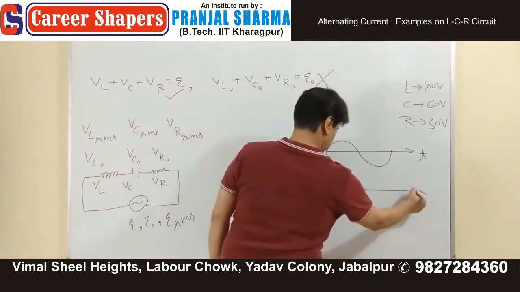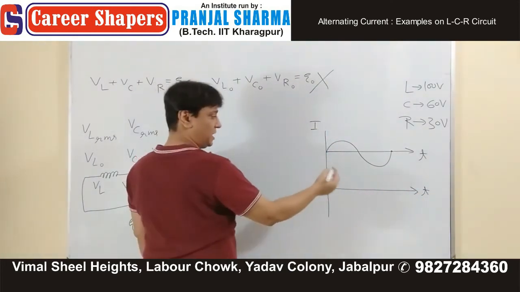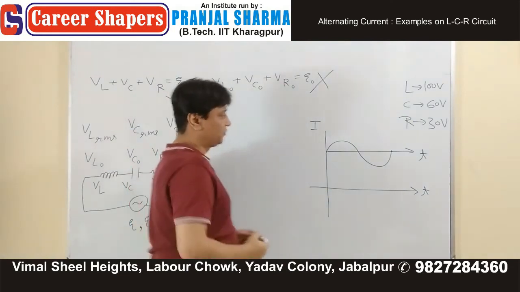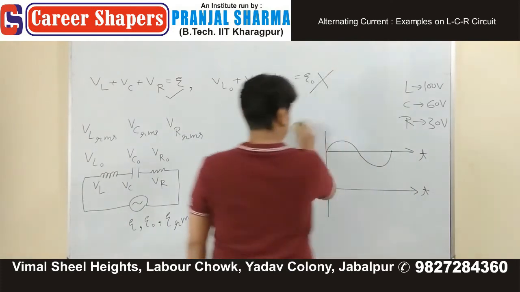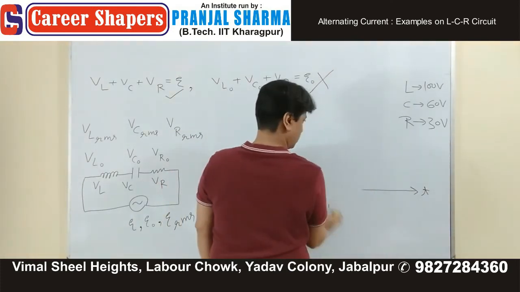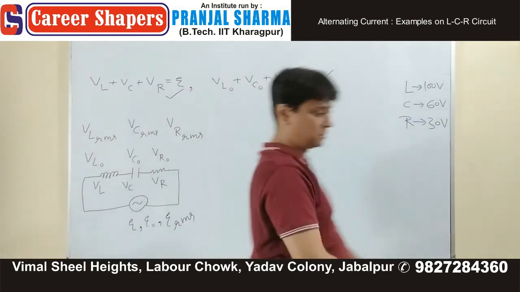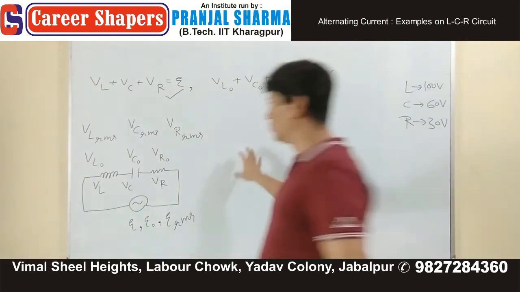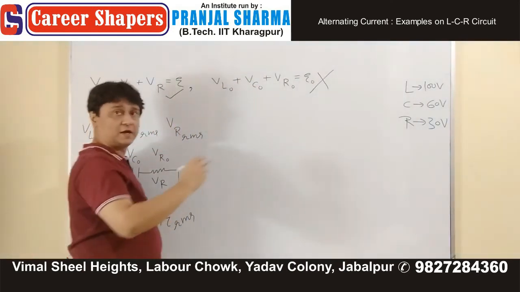Then how do you draw the graph of VR? The graph of VR will be plotted like this. This will give you the visualization of why all these values do not occur at the same time.